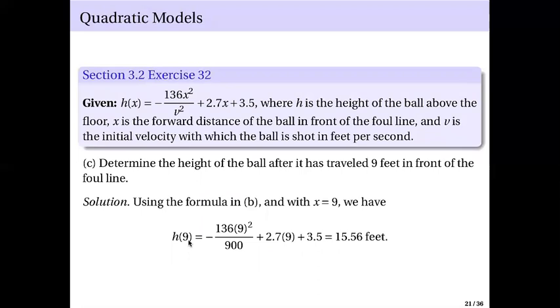So h of 9, you have negative 136 times 9 squared, over your v squared, that's your 900 here, and then 2.7 times 9 plus 3.5. And we will have 15.56 feet. Okay? 15.56 feet.